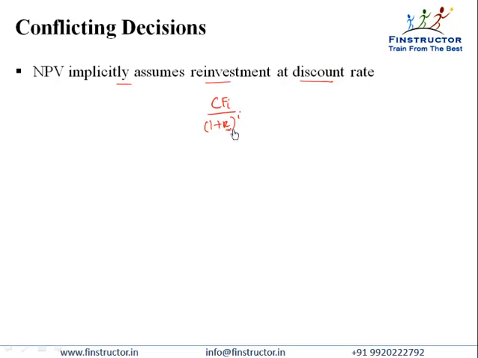Now, please understand that the discount rate, which in the case of NPV is the cost of capital, and we'll study this in more detail in the next review, is a conservative assumption.